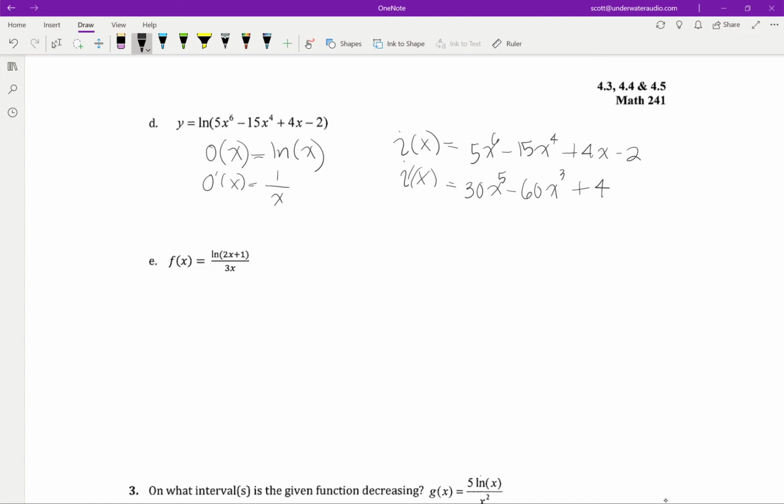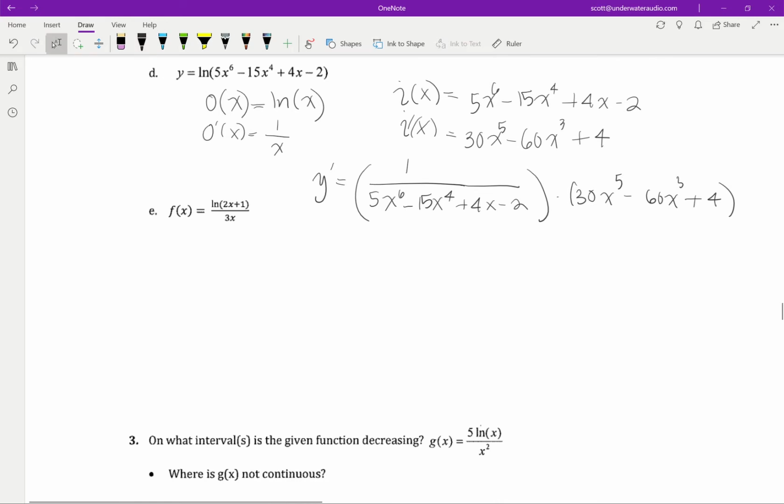So then putting it all together, y prime is going to be the derivative of the outside with the inside plugged in, and then times the derivative of the inside, 30x to the 5th minus 60x cubed plus 4.